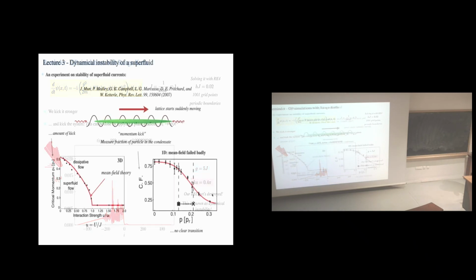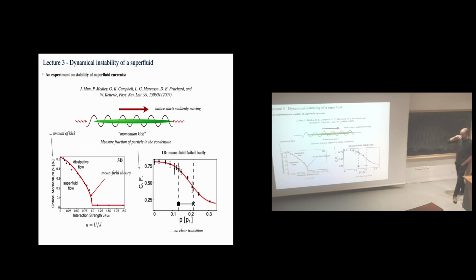There have been some nice experiments about this already in 2007 in the group of Wolfgang Ketterle. In this experiment they prepared the superfluid state in an optical lattice setup, and then at one point they start to move the optical lattice in one direction, which is completely equivalent to taking your superfluid and displacing it in momentum space, and then you see if the superfluid stays stable or if it decays.